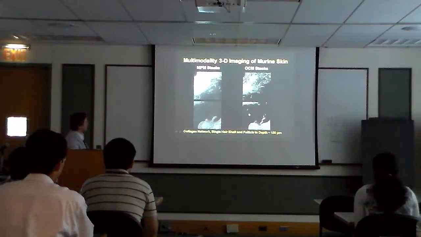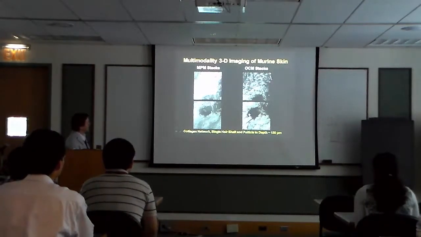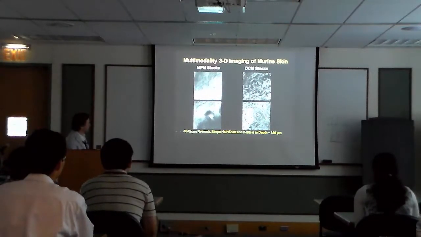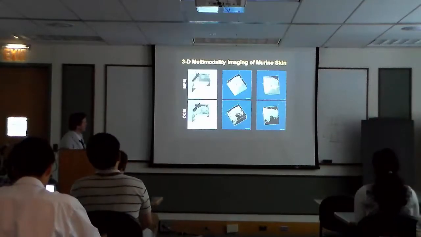And so you can see at different depths there's different structures, obviously different contrast mechanisms. OCM is giving us all the backscattered light, whereas MPM is really just showing us the collagen. And we can see the hair follicle here, and again, different contrast, different physics for generating that.